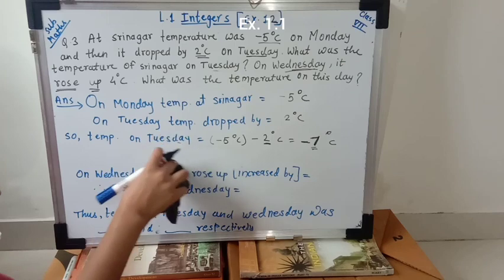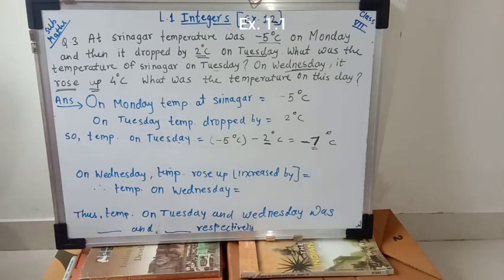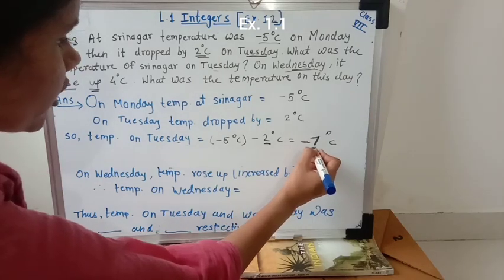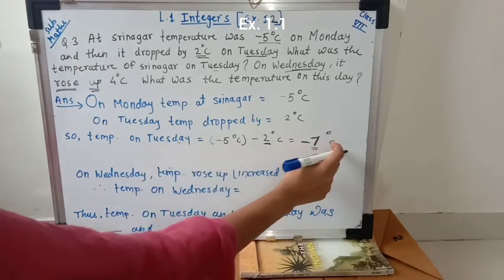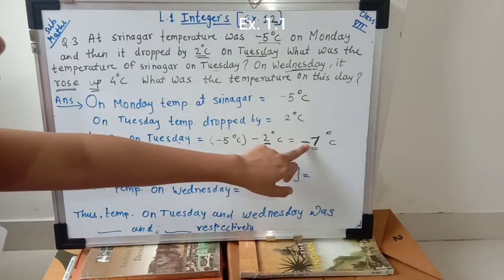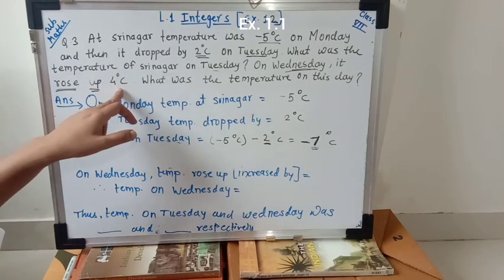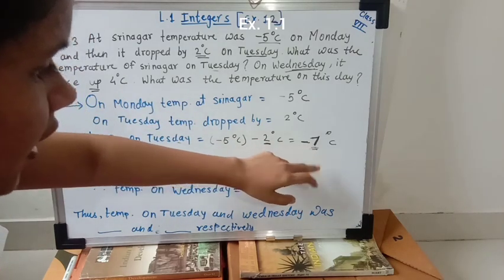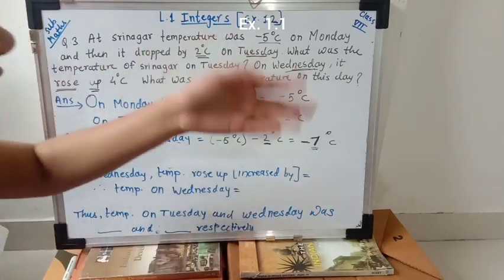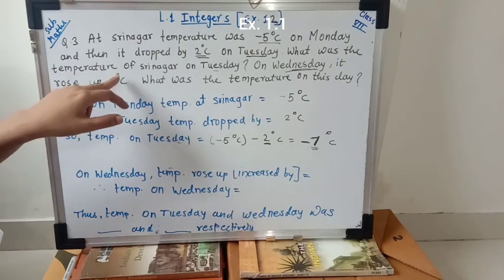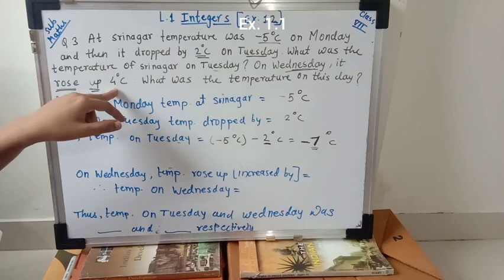Now let's see the temperature on Wednesday. We got the temperature of Tuesday, that is minus 7. This temperature rose up by 4 degrees Celsius, meaning the same temperature increased by 4 degrees Celsius.